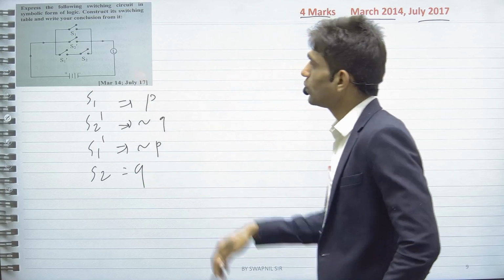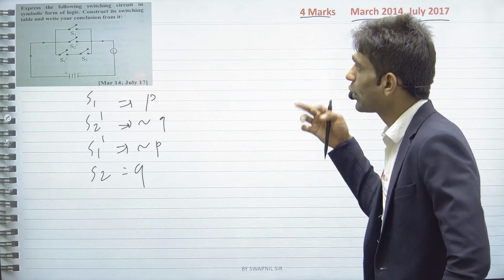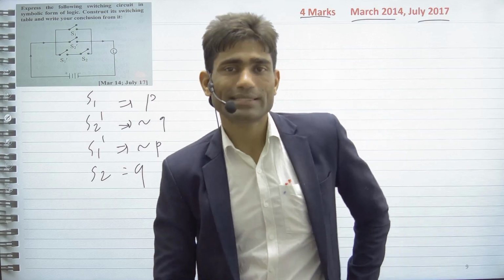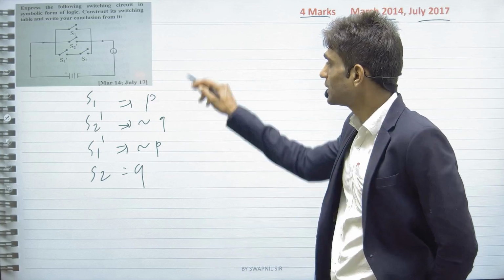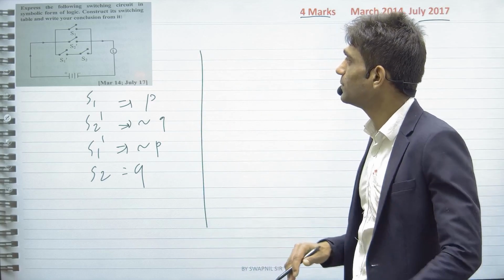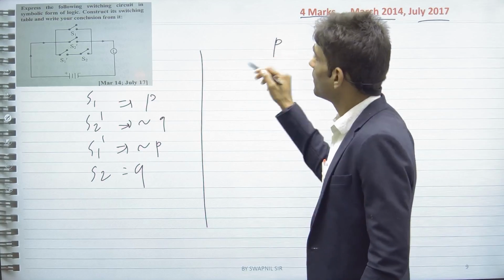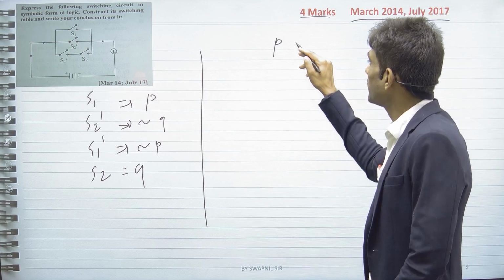Now represent this whole circuit in symbolic form, and after that you have to draw the switching circuit table, as we have done in our previous example. Follow this example similar to my previous one. I will explain to you how we can define the symbolic form. So S1 we have P, between S2 dash and S1 we have parallel connection, so it goes to the OR.